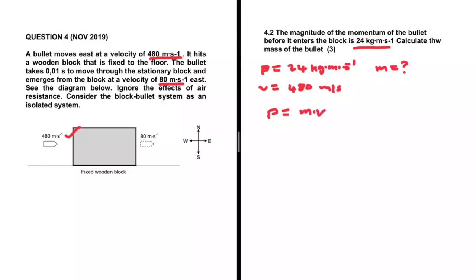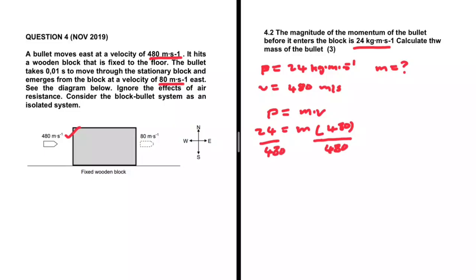This has to be one of the easiest questions I've ever come across, most especially in a final exam. But anyway, let's go ahead and substitute. P is 24. The mass is what we're interested in. The velocity is 480. So let's divide both sides by 480 and see what we end up with.